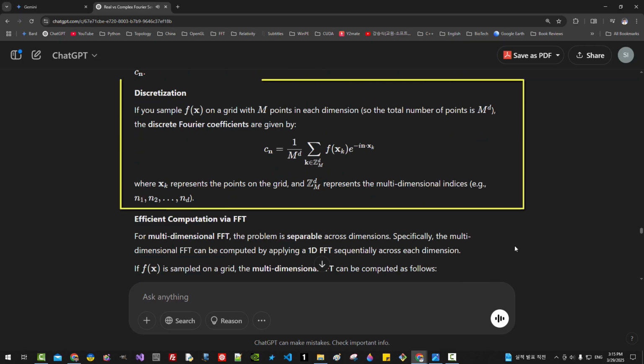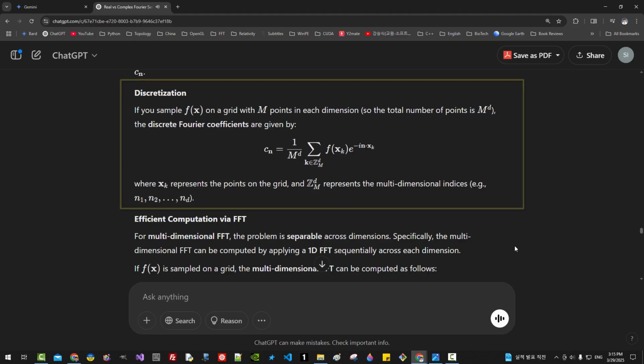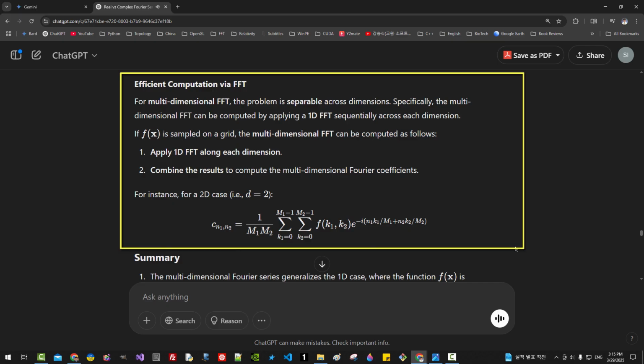If you sample f(x) on a grid with m points in each dimension, so the total number of points is m^d, the discrete Fourier coefficients are given by c_n = (1/m^d) sum over k of f(x_k) e^{-i n·x_k}, where f(x_k) represents the points on the grid, and Z_m^d represents the multidimensional indices, e.g. (n1, n2, ..., nd). Cache efficient computation via FFT.